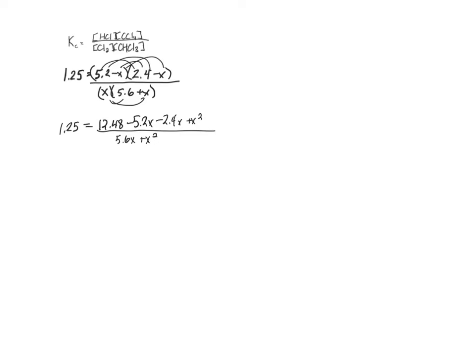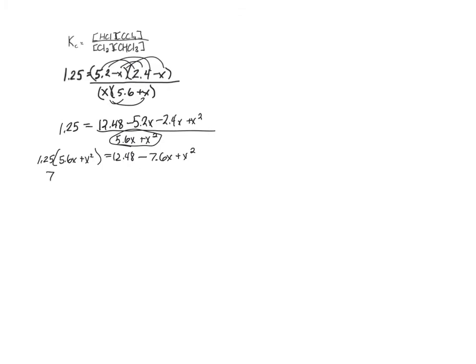Okay, next thing I want to do is bring this up by multiplying both sides by 5.6x plus x squared. So we end up with 1.25 times 5.6x plus x squared is equal to 12.48 minus 7.6x plus x squared. 5.6 times 1.25 is 7.